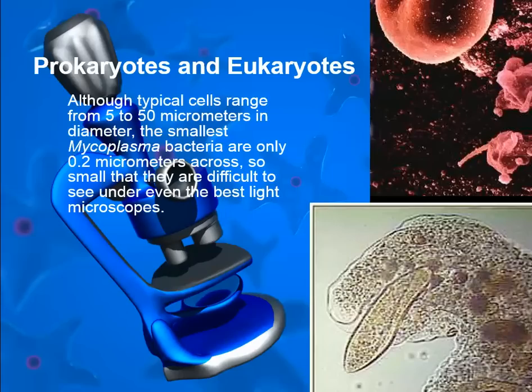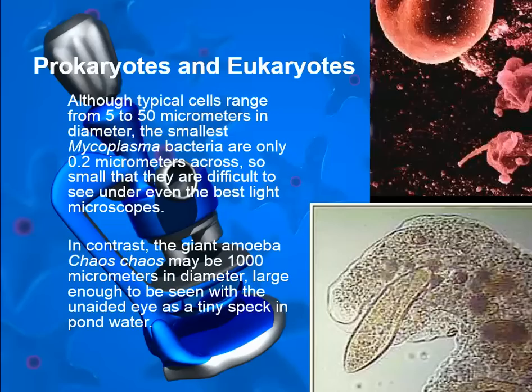So with prokaryotic and eukaryotic cells, the prokaryotic cells are very, very small. So when I say bacteria, you should know that that is a prokaryotic cell. In contrast, you have some eukaryotic cells, like this amoeba down on the bottom right, that can be 1,000 micrometers in diameter, which is large enough to be seen without a microscope.